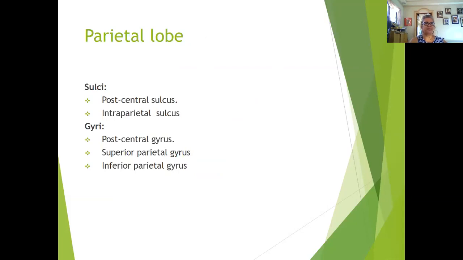So in summary, your parietal lobe has two sulci, your postcentral sulcus and your intraparietal sulcus.